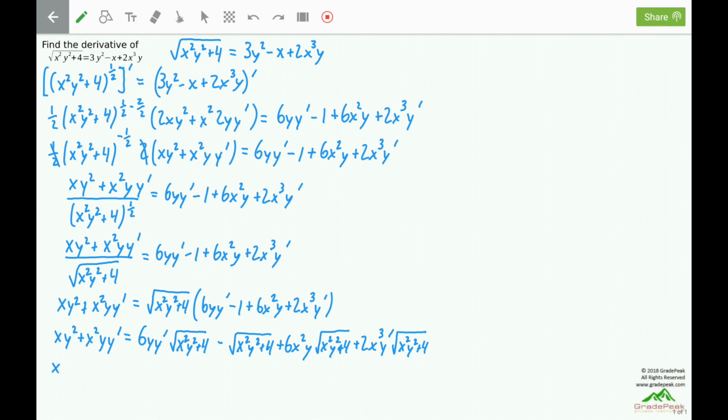On the left side, we already have the xy squared. We're going to add over a square root of x squared y squared plus 4. And we're going to subtract over a 6x squared y times the square root of x squared y squared plus 4.